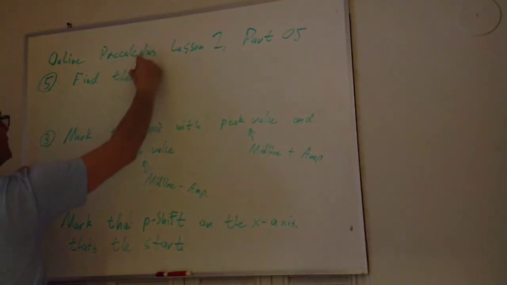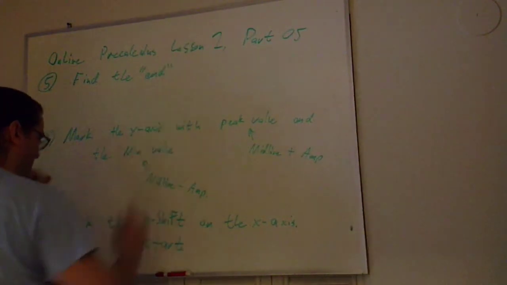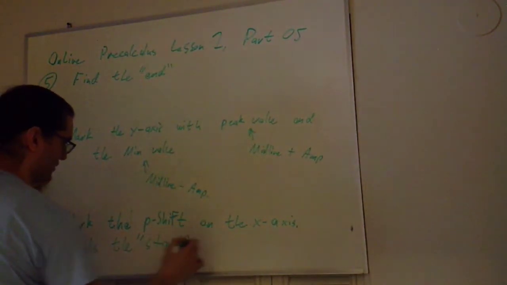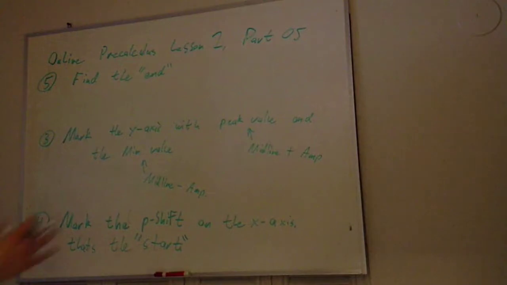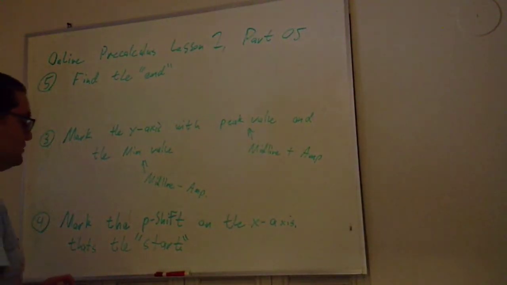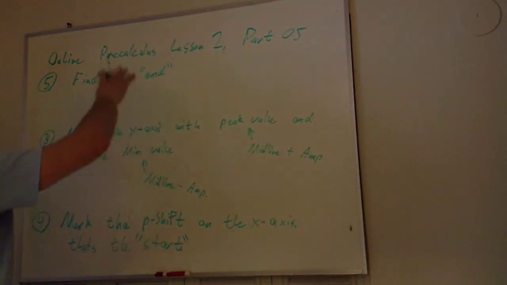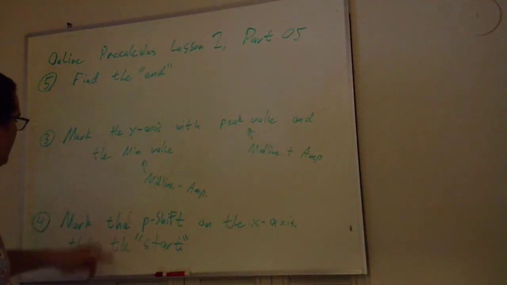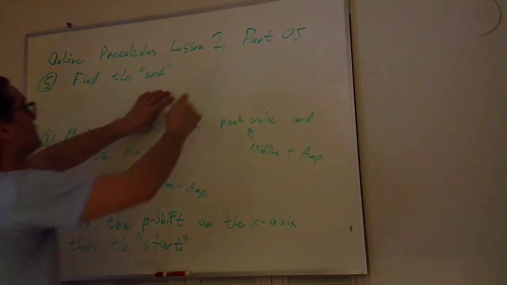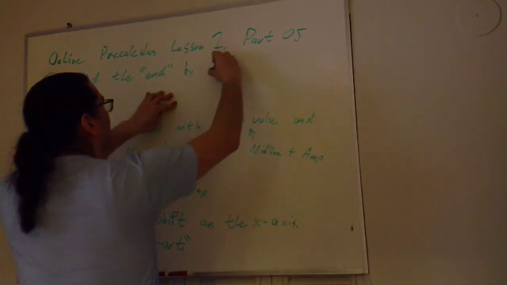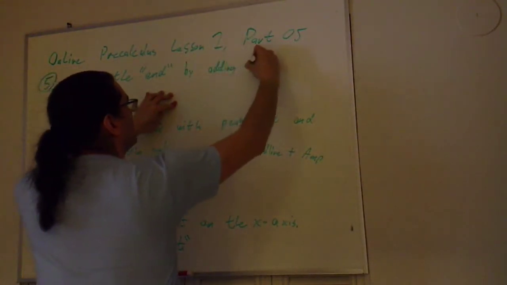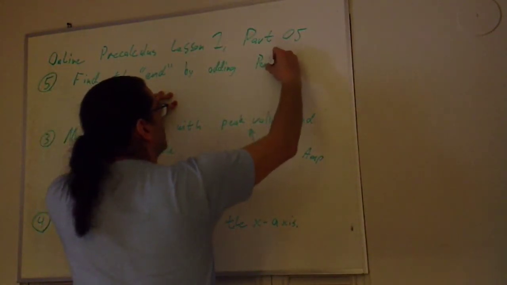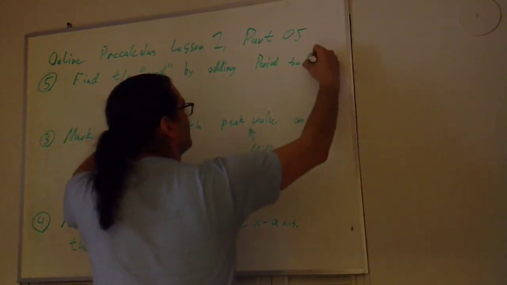Find the end. So I'll put start in quotation marks because these are periodic, they never start or end. But I think we know vaguely what start and end means. So step 5 is you find the end by adding period to P shift.